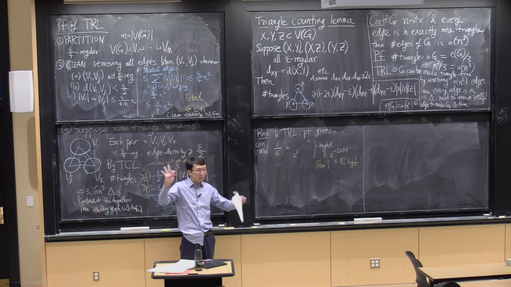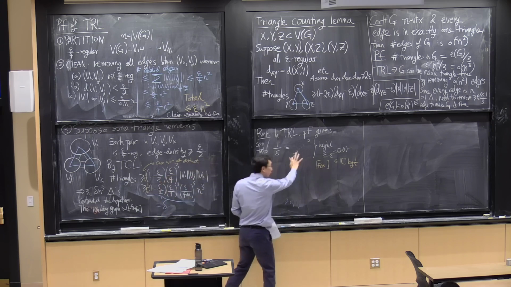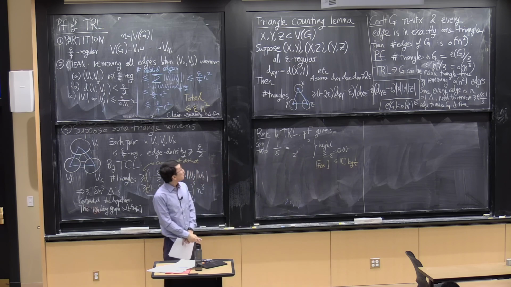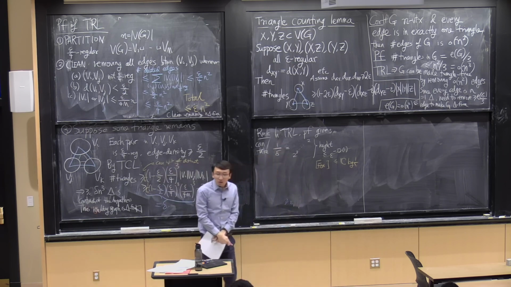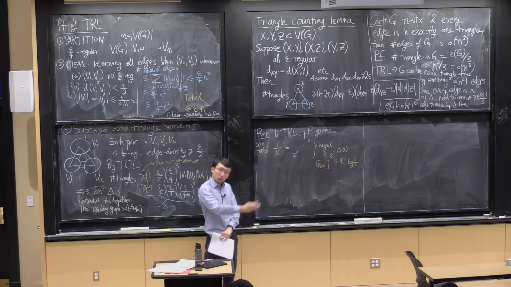So we've changed some really big number to another but slightly smaller really big number. This is still an astronomical number for any reasonable epsilon. And in terms of that corollary, basically the only known proof goes through the triangle removal lemma. So currently we do not know any other approach to this problem.